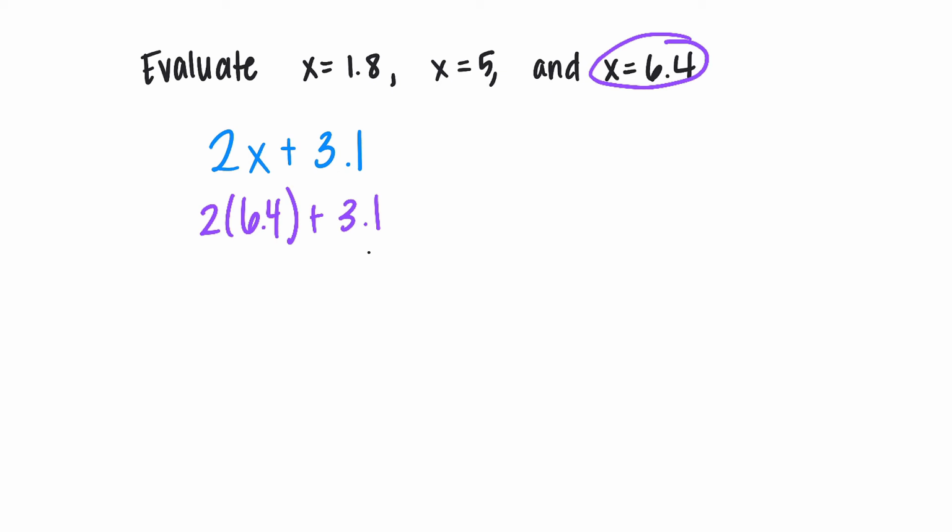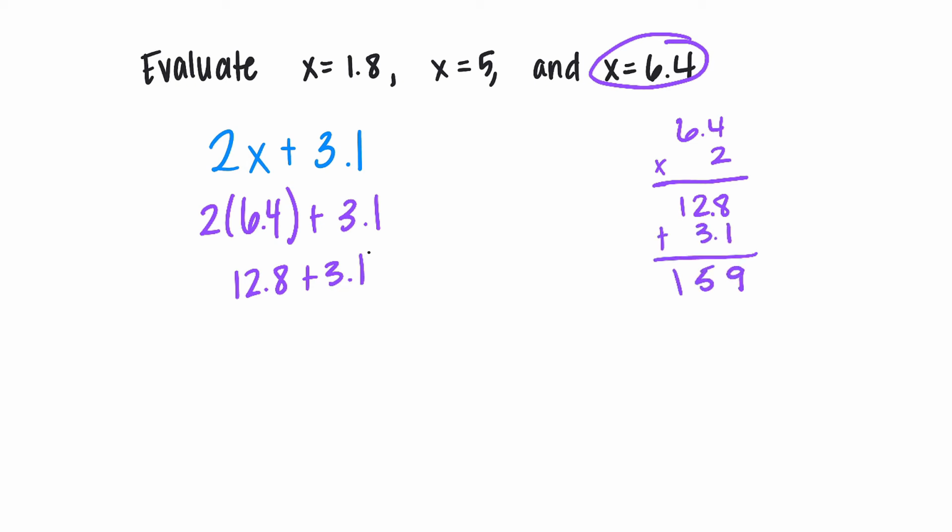And we'll follow the order of operations. We need to multiply first, so 2 times 6.4. Okay, and that is 8 and 12. Place your decimal. So we would have 12.8 plus 3.1. And we just add those together. Bring down your decimal.